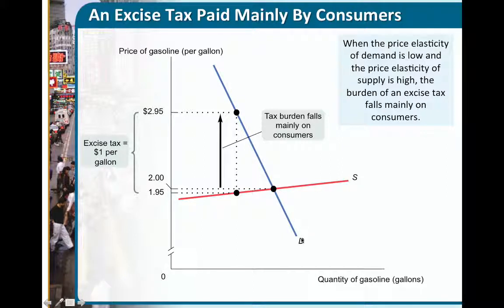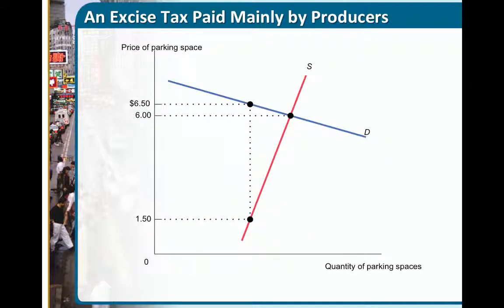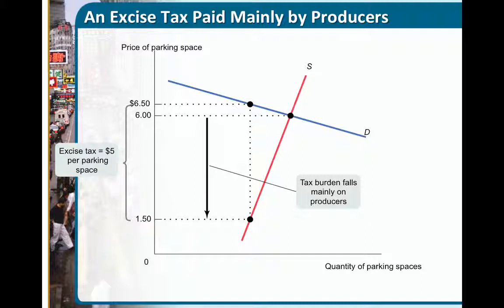It is a relatively inelastic demand curve, which means a change in price is going to be a small change in quantity. But as you can see here with an elastic demand curve, the excise tax burden is going to be borne a lot more by producers.